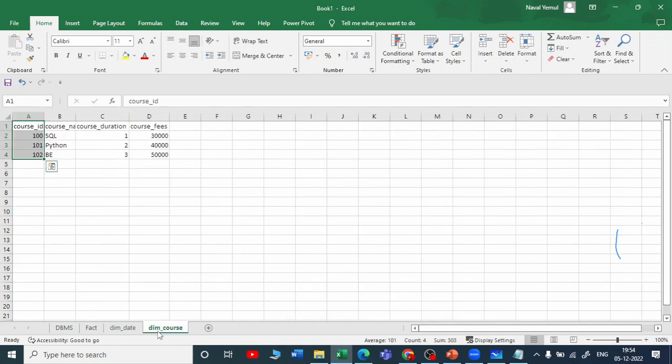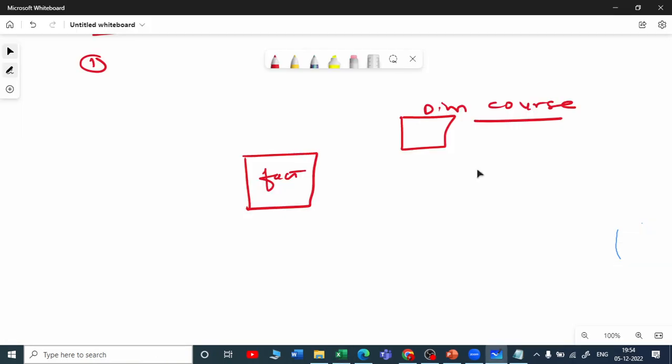But when you come to the dim course, 100 is not repeating at all, 101 is not at all repeating, 102 is also not repeating. So in this dim course table you have only one value, whereas in your fact you have many values. So this relationship is considered as one to many.